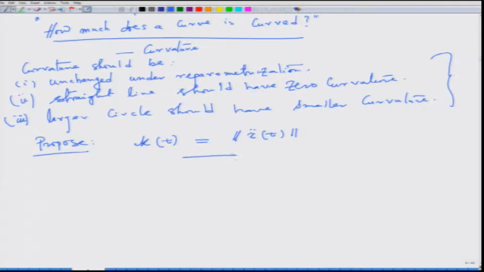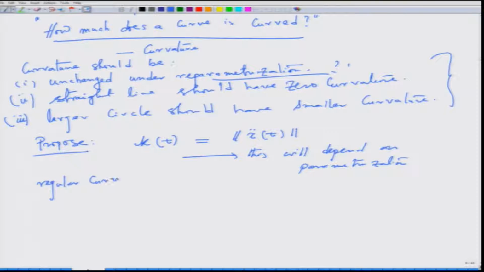But the problem is this will depend on parameterization. So, the first condition will be a problem. But I know that if I am working on a regular curve, then I have a unit speed parameterization.